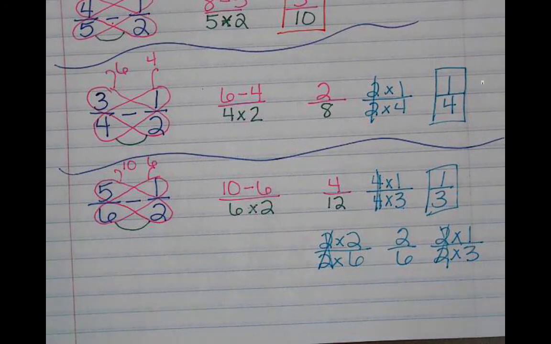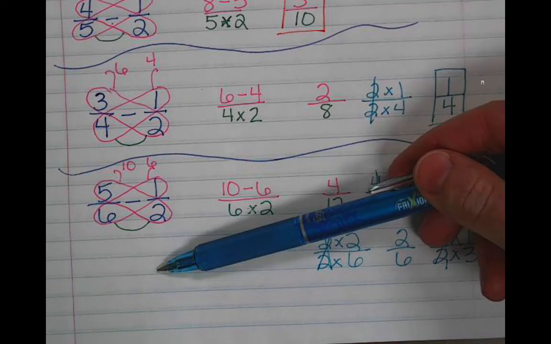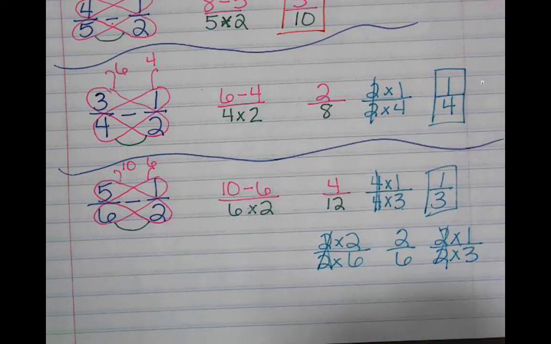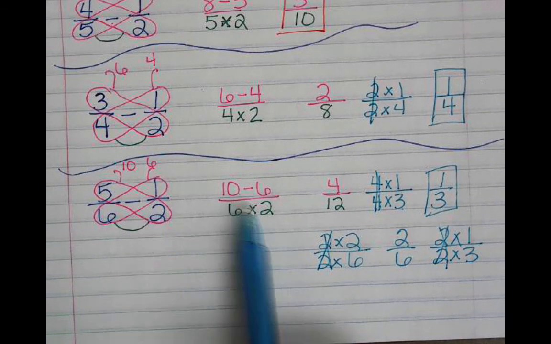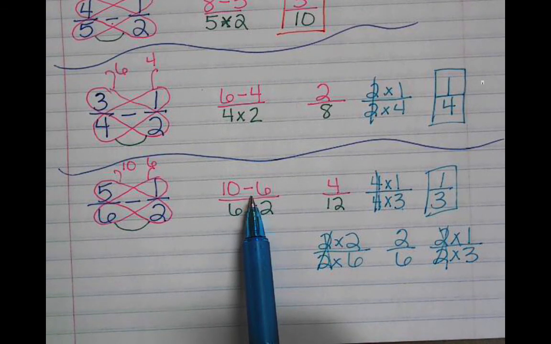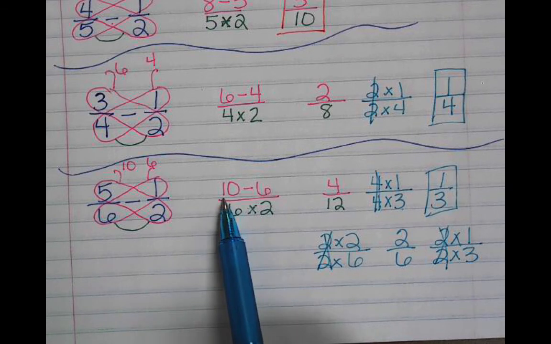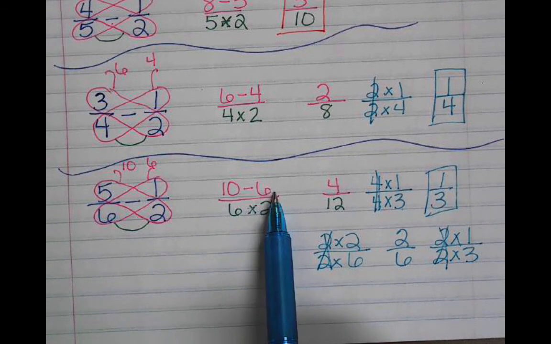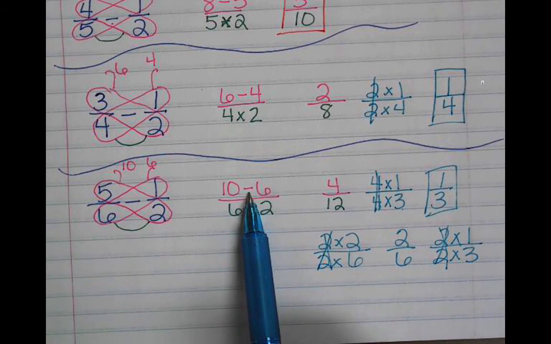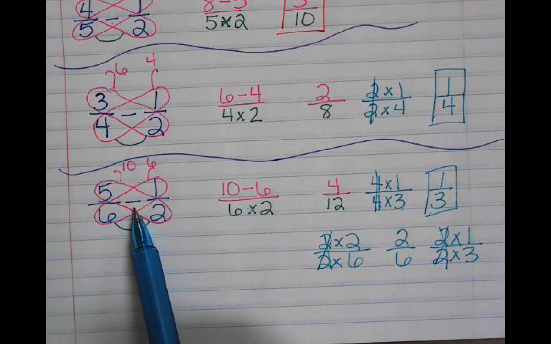All right, now you can do these steps with addition as well. The only difference is instead of subtracting here, you're going to add. So instead of having 10 minus 6, you would have had 10 plus 6 if this had an addition sign instead. That's the only thing that it would have changed.